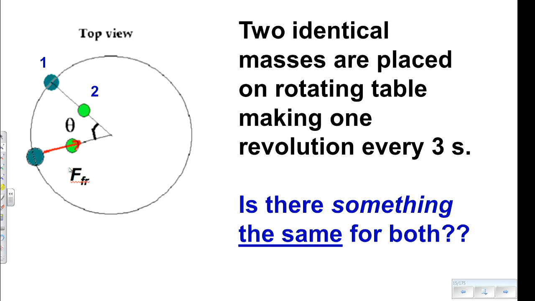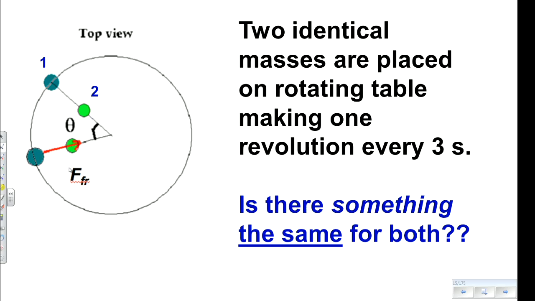Well, in this particular case, yes, because objects are identical, but we could use two different objects and still place them on the same turntable. Distance traveled is different, speed is different. What is the same?